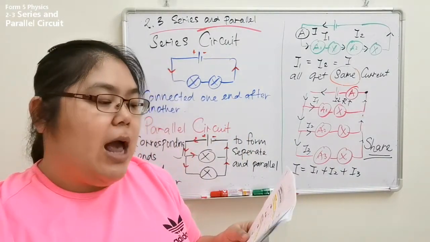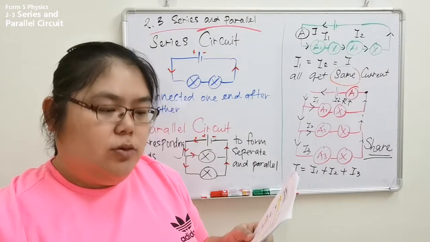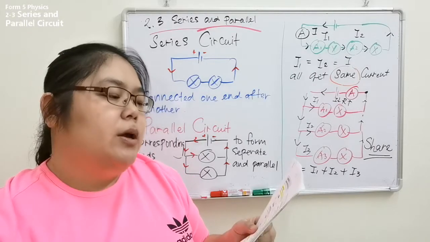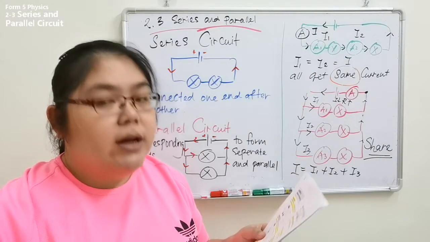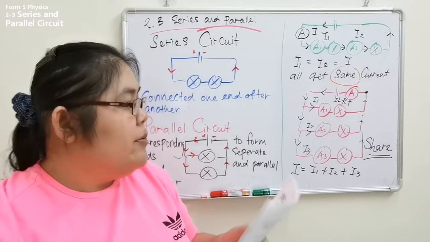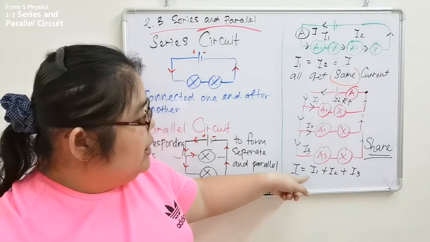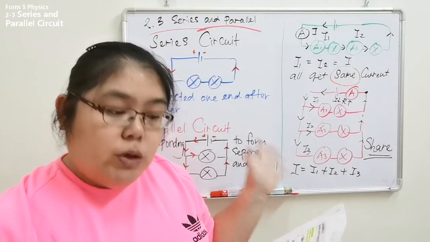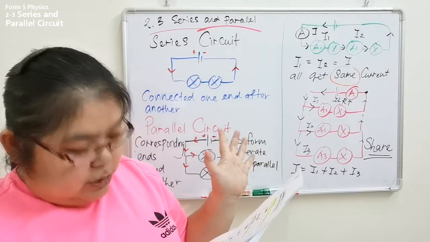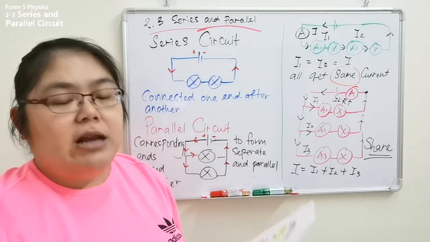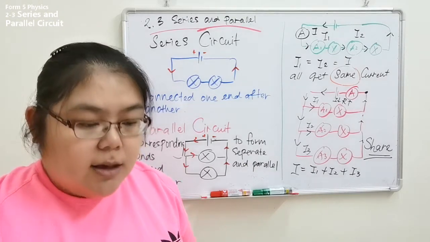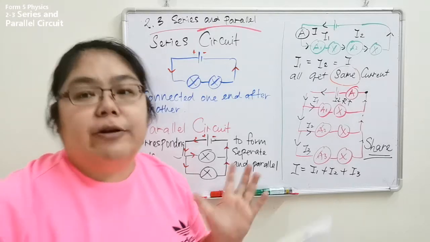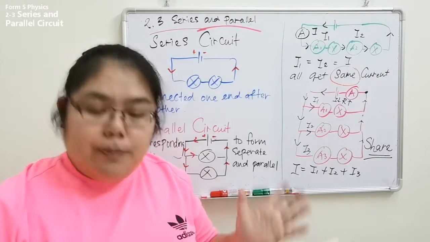The reading for the ammeter is not I1 but IT. IT means total, the sum of the readings I1, I2 and I3. So the formula becomes I total equals I1 plus I2 plus I3. The 3 bulbs need to share the main current. So that is the characteristic of how current flows in series and in parallel.